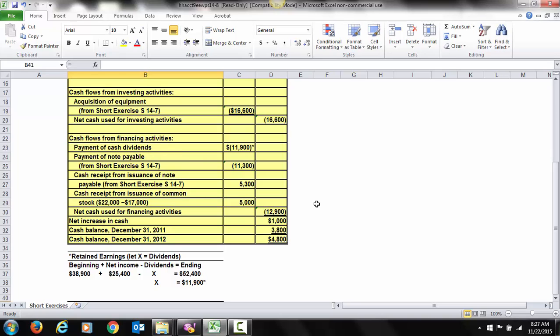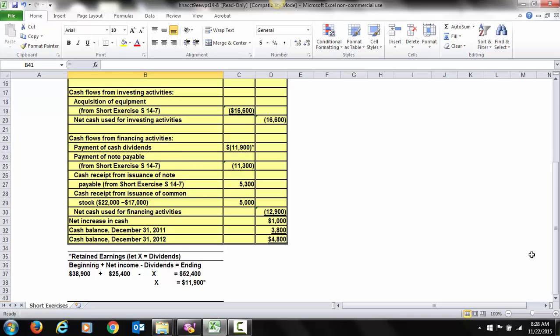We issued $5,000 in common stock for $5,000 in cash. When we net the $11,900, $11,300, $5,300, and $5,000, we know that we actually used $12,900 for financing activities.